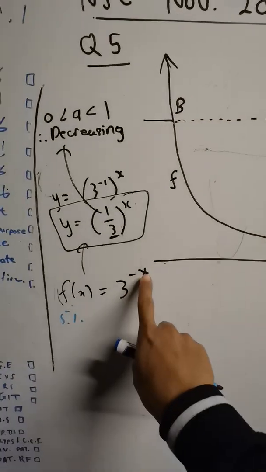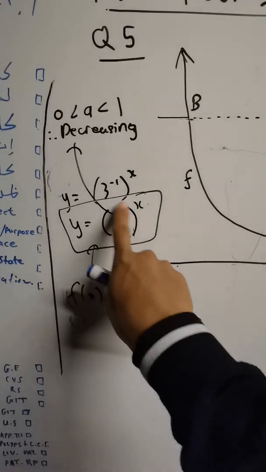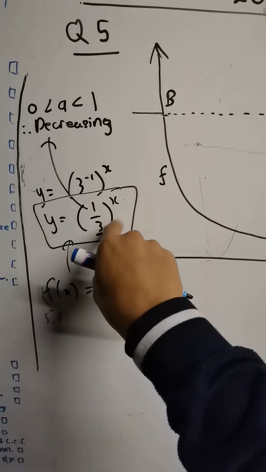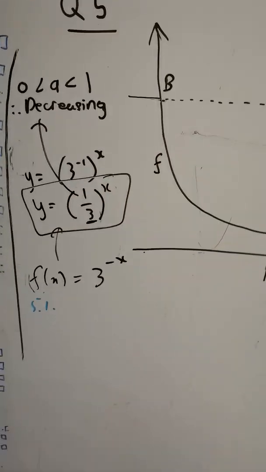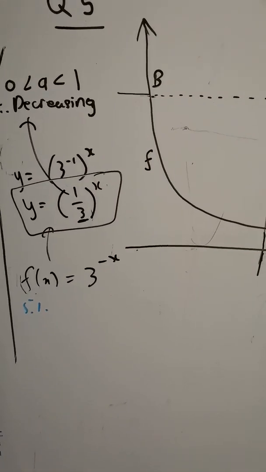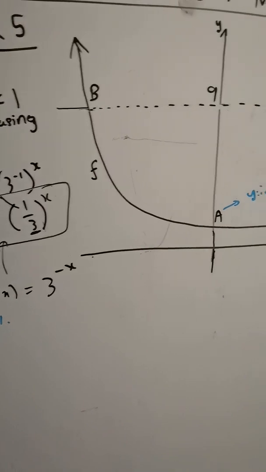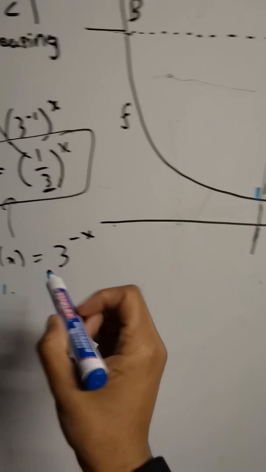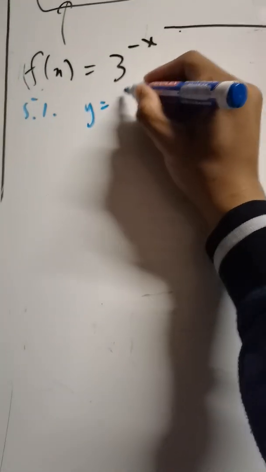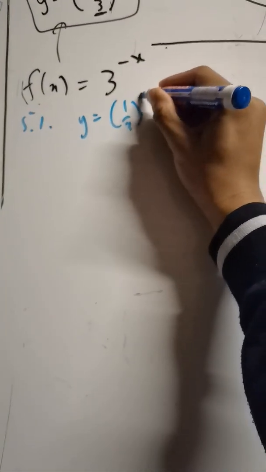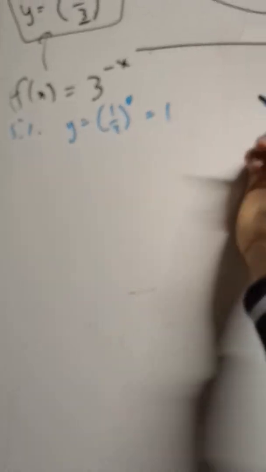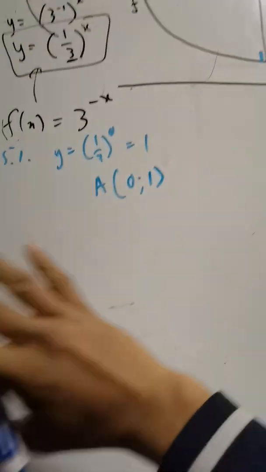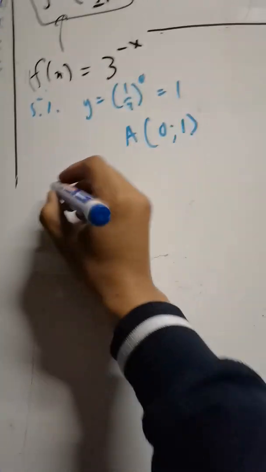So if x is equal to 0 over here, a third to the power of 0 is equal to 1. So the y value here is basically 1, because if you have y is equal to a third to the power of 0, you basically have 1. So the coordinates of A are 0 and 1. They ask you to write it down, so you don't have to put the calculation there.